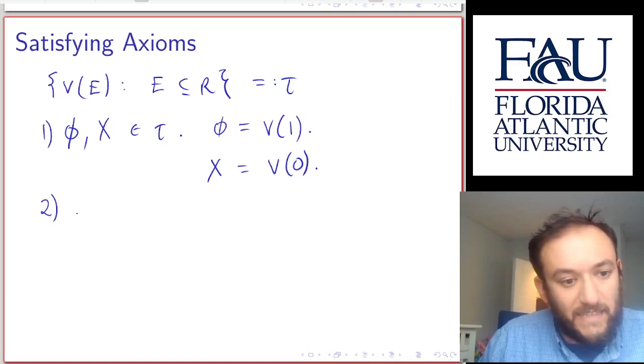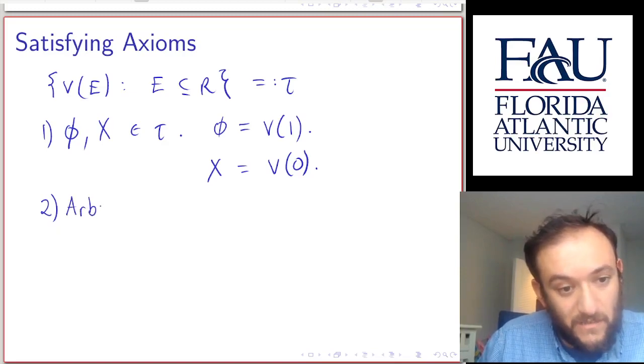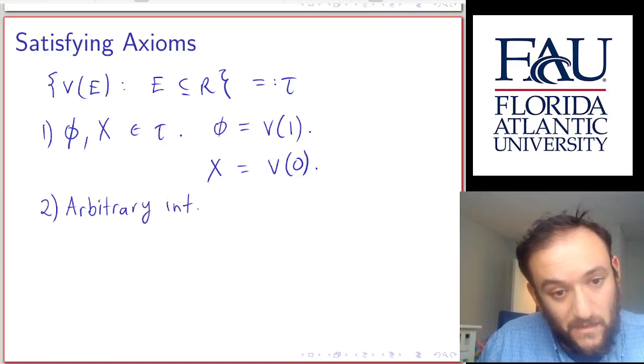Next, we need to see that arbitrary intersections are still in the closed sets.